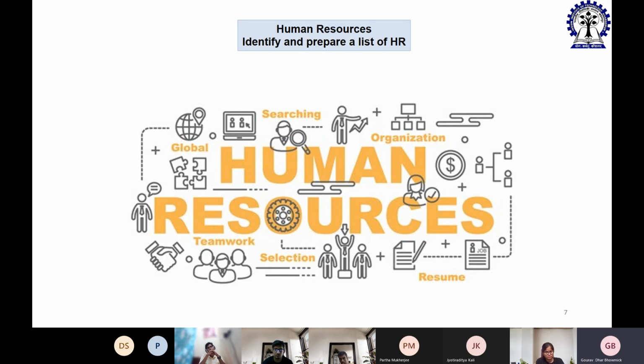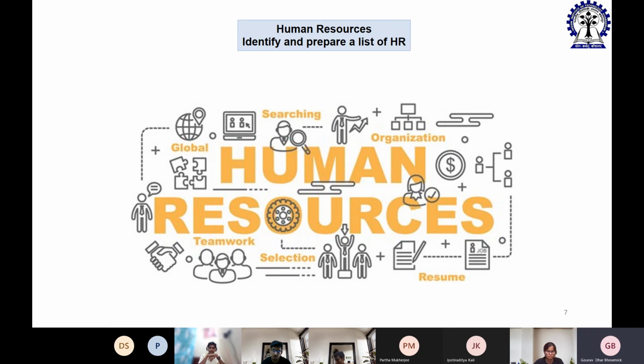You have to find people who can help you with getting the funding, like the financing authority or the people in the financing body. You have to make sure that you get all the permissions from your own organization, say if you are working under an institution. Those people are also important human resources involved in this project.